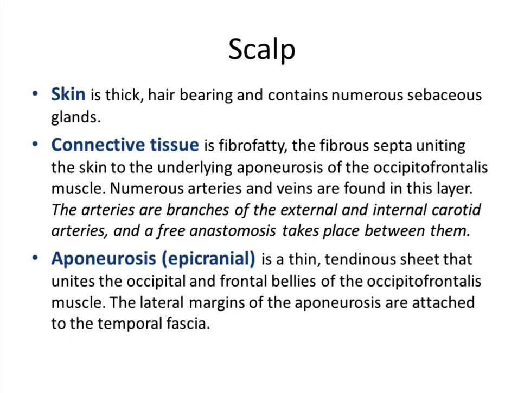What is the origin of the arteries which supply the scalp? They are branches from the external, mainly, and internal carotid arteries. A free anastomosis takes place between them. In the neck, the common carotid artery will bifurcate to form the external and the internal carotid artery. As the name implies, the external carotid artery will supply the superficial part of the face and the neck.